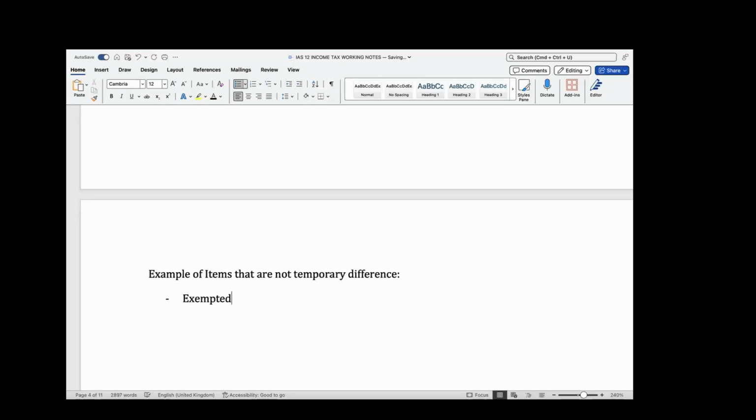Exempted income or items that have no tax consequences, like grant income, for example. Now, when you have grant income, they are usually not taxable, they are usually exempted. Or when you make donations to a recognized body, they are usually not taxable.